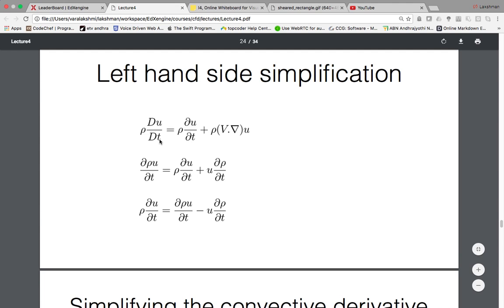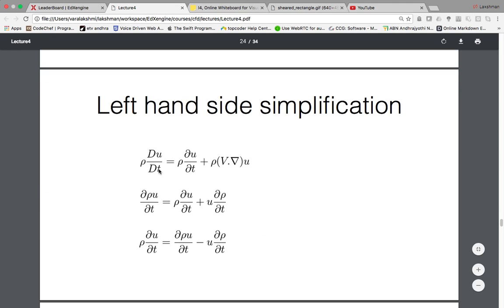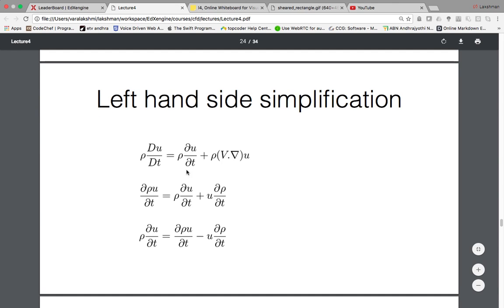Simply put, we follow some basic vector calculus principles. Here we have considered the left term, rho Du by Dt, which is the substantial derivative definition. Capital Du by Dt is nothing but del u by del t plus V dot grad u. Here V is a vector, and u is the x component of the velocity field. Now we want to simplify these two terms, rho Du by Dt and this one.